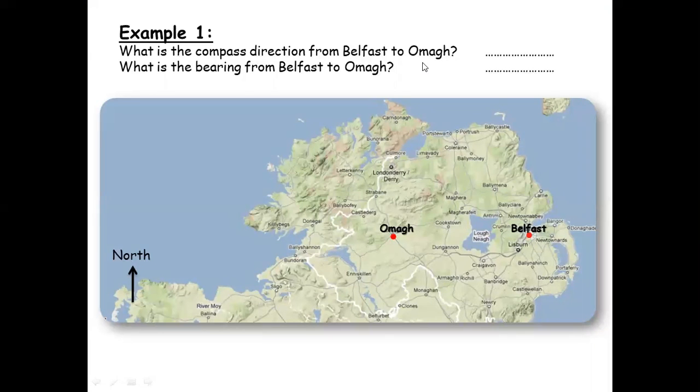When he asks from, the city or the point after "from" is the one that we are going to take the bearing from. So he can ask what's the compass direction from Belfast to Omagh, or what's the bearing from Belfast to Omagh. Both questions have the same meaning.